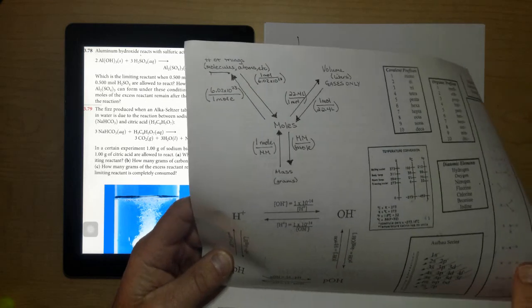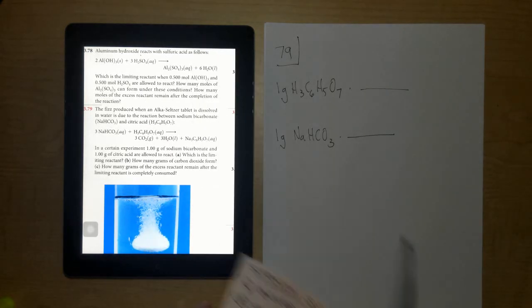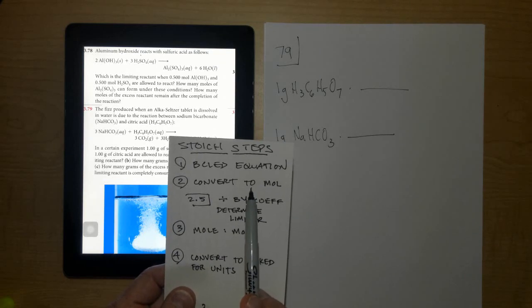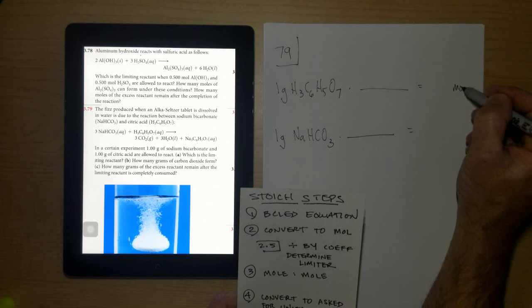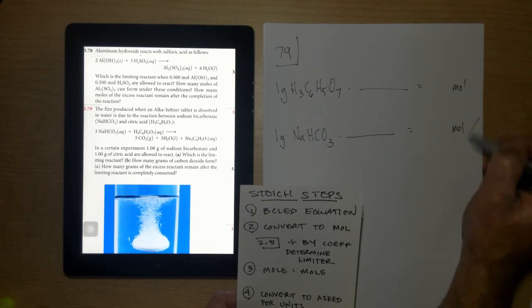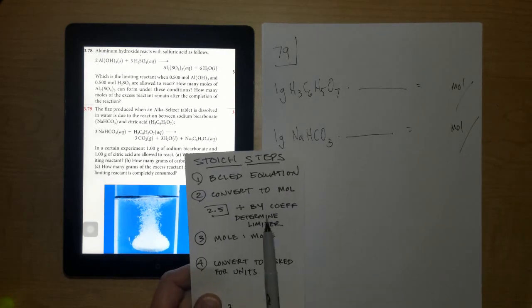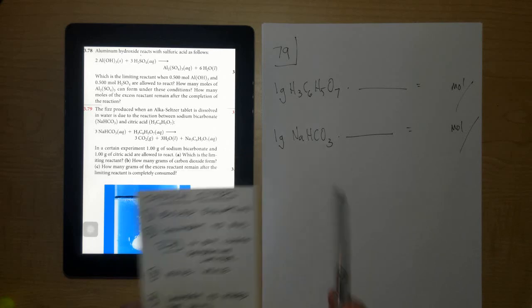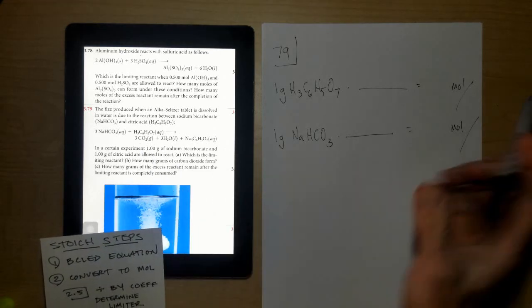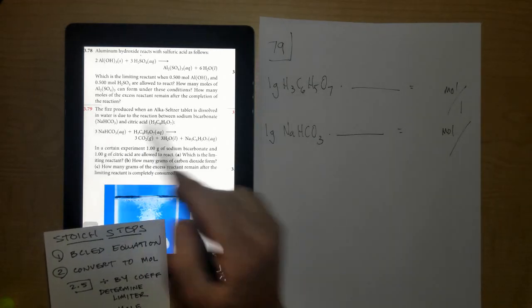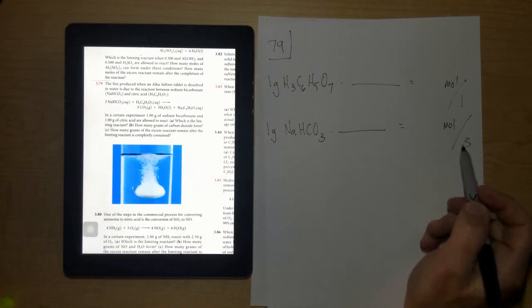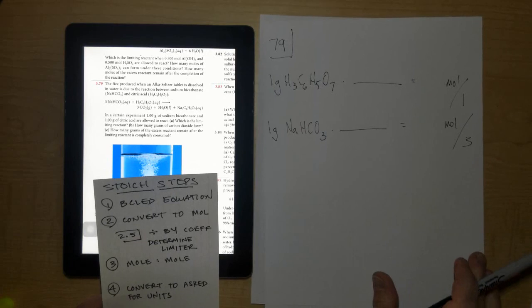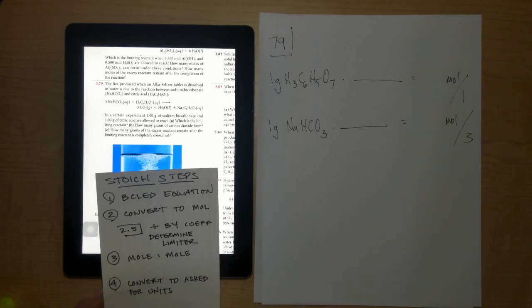So that's step number 2. Is to do the convert to moles. Once you've got them converted to moles, then you can do step number 2.5 and divide by the coefficient. So now you can look over here and find out, oh, this is a coefficient of 1, this is a coefficient of 3. Okay, remember you have to convert to moles first before you can do the divide by the coefficient. Once you've done that, you can find the smallest, that's your limiter.